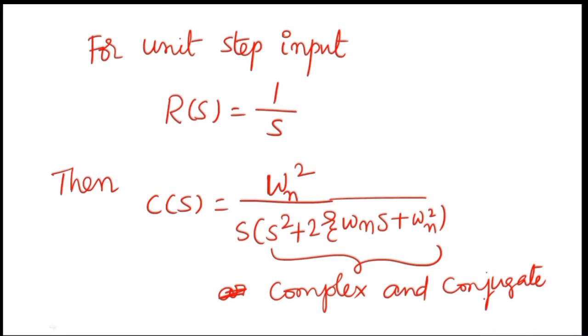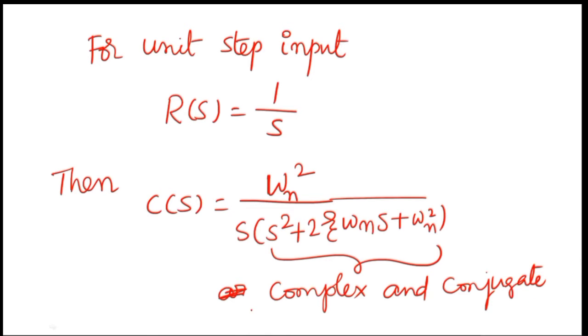To find out the time response, you know that the time response is nothing but the inverse Laplace transform of C of s. So we need to convert the denominator polynomial into a standard factor.